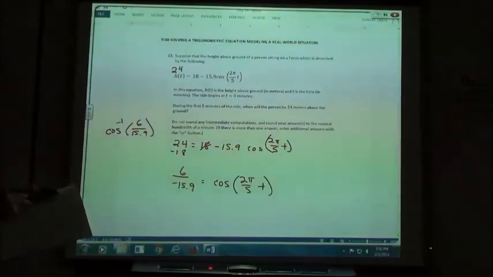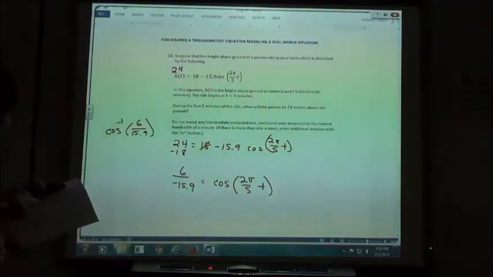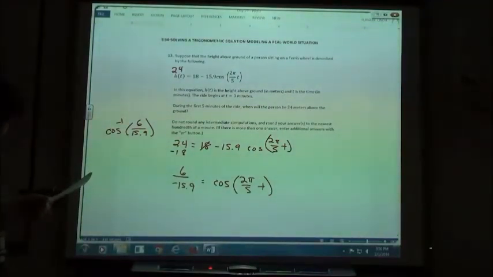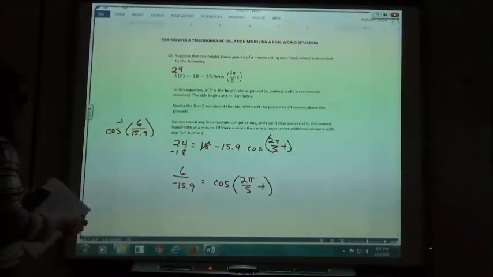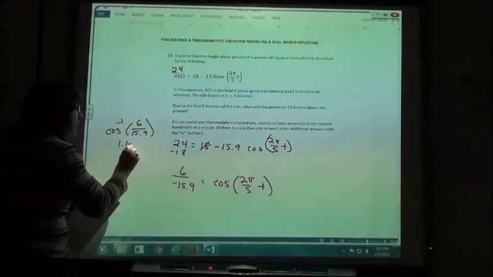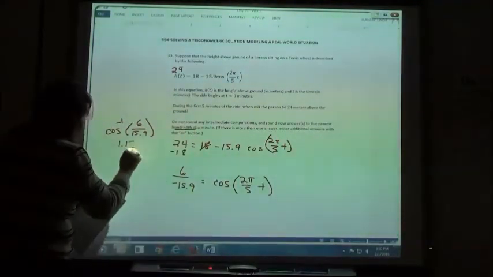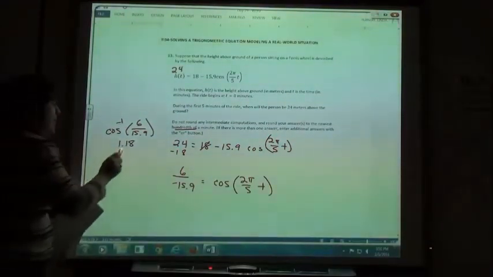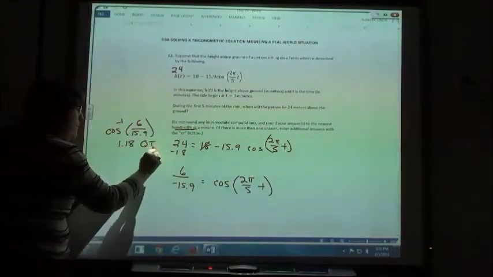I could use 6 divided by 15.9. And if I hit equal, it tells me that I am at 1.18. I'm rounding that off to the nearest hundredth, by the way. So it's really 1.183, but I rounded that off. Now this is in quadrant 1.